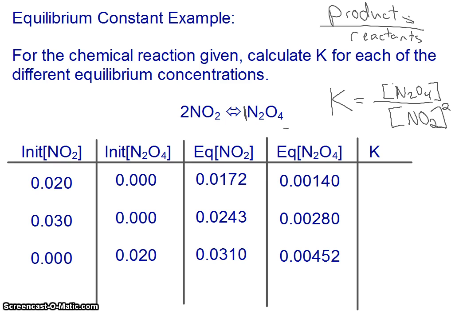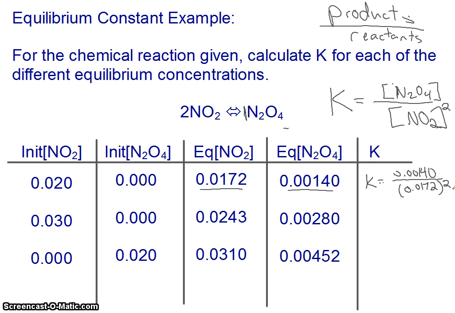If I want to know what that K is, I do my reactions and put in some different amounts of NO2 and no N2O4 and let it react. Once it reaches equilibrium and appears to not be reacting anymore, I have these new equilibrium concentrations. If I stick those equilibrium concentrations into the formula, I find that K should equal 0.00140 over 0.0172 squared.